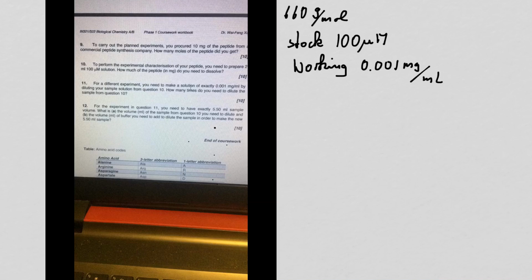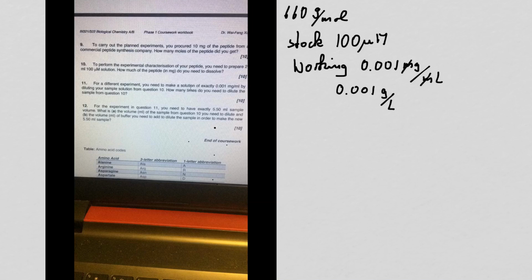Or we can also just simply cancel the millis, 10 to the minus 3, so that gives us a working solution of 0.001 gram per liter.